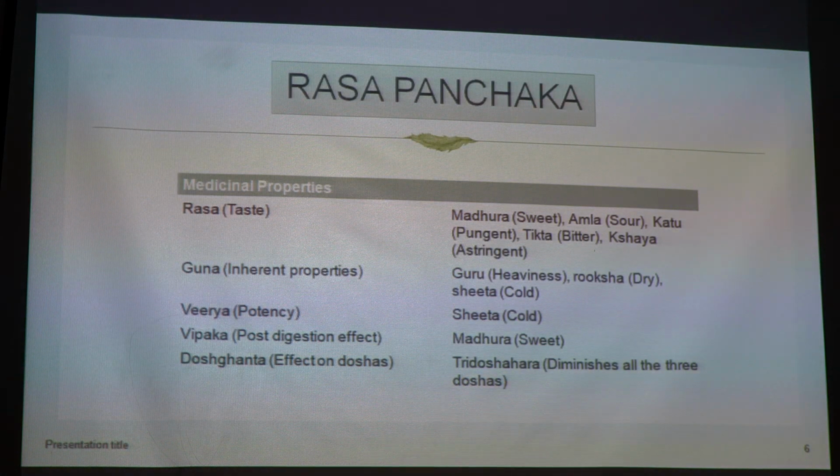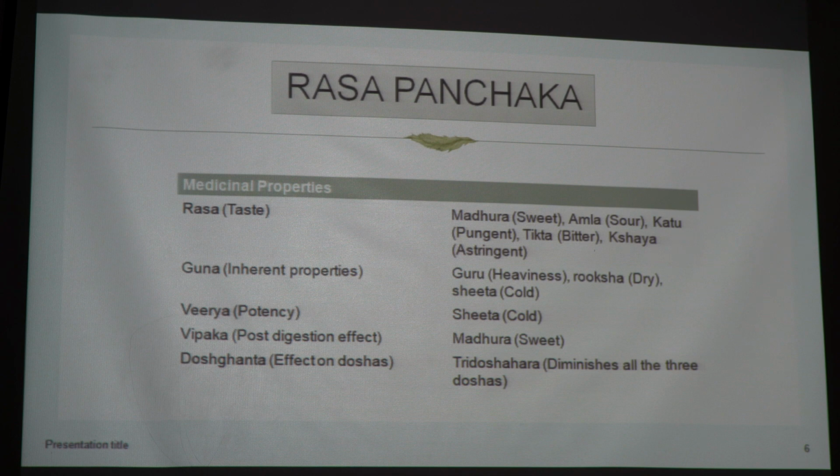Ras Panchak, medicinal properties. In Dravyagun, we deal with 6 types of rasa: Madhur, Amla, Lavan, Katu, Tik, Kashay. In Amla, there are 5 ras. Only one is missing.